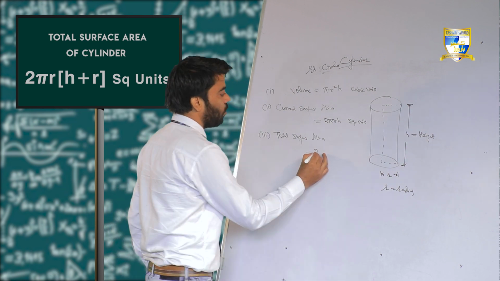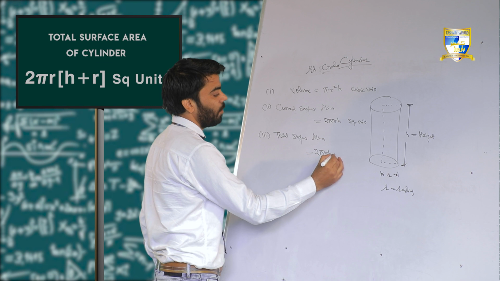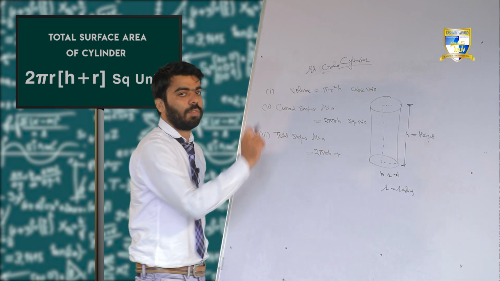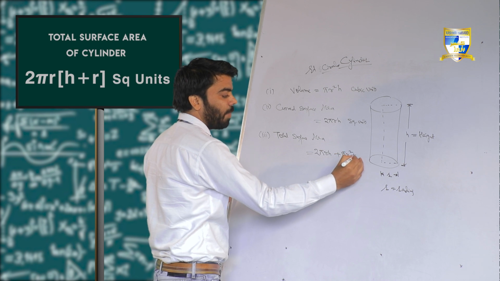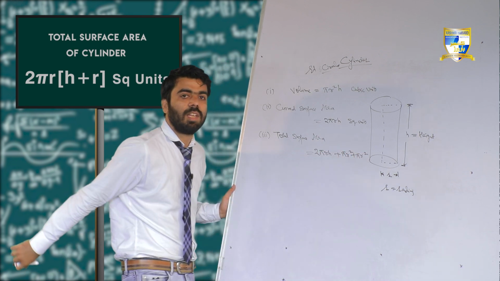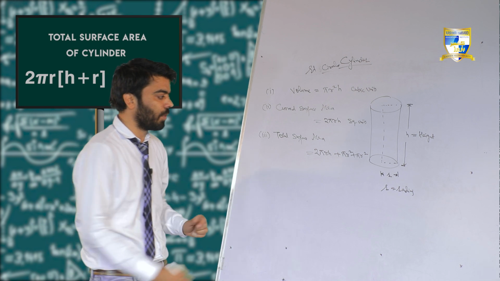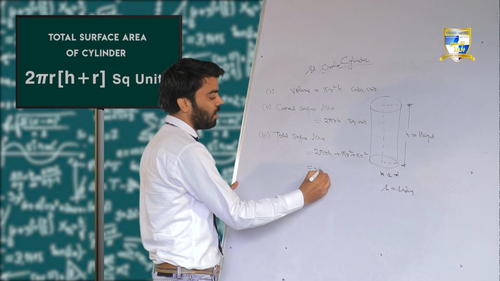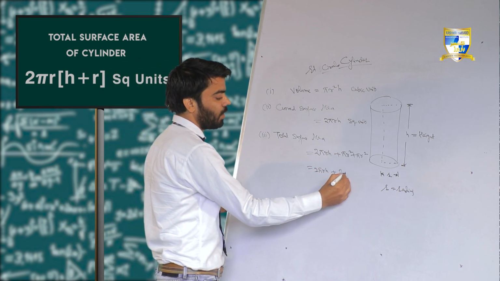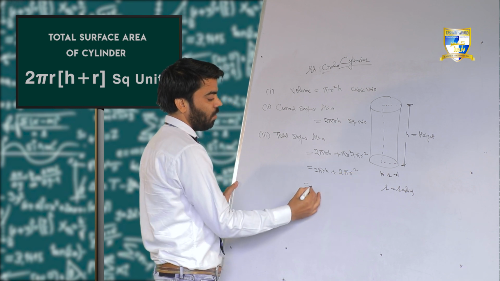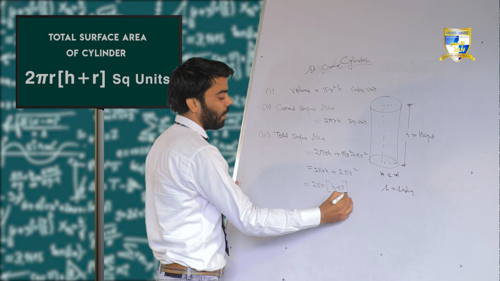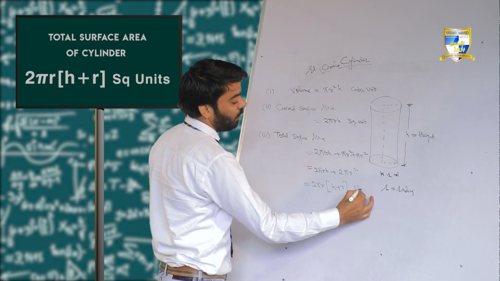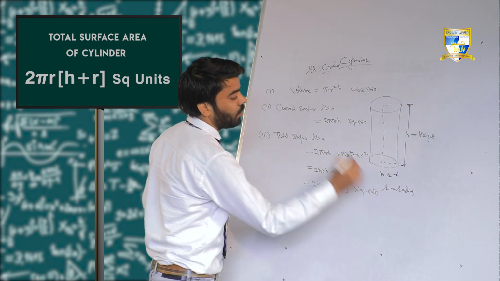Simply, it is 2 pi rh, the curved surface area, plus pi r square plus pi r square, because pi r square is the area of a circle, the top circle and the bottom circle. This is 2 pi rh plus 2 pi r square. So 2 pi r is common, h plus r. Total surface area will be in square units.